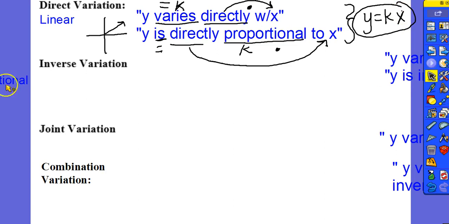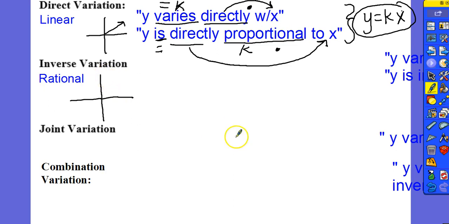Next one is your inverse variation. And this is going to create a rational equation where there's a variable in your denominator. So this looks more like this if I'm going to graph it. Rationals don't graph lines, they're inverses. It's like y equals something over x.